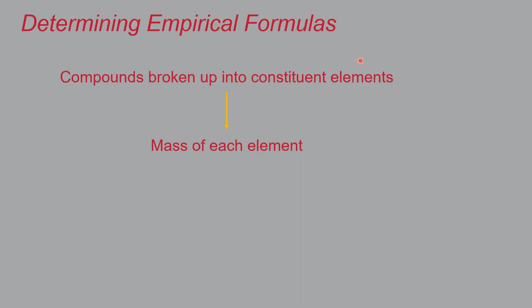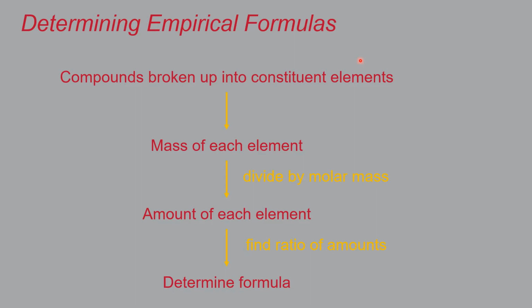I have 3 grams of carbon, 2 grams of oxygen, stuff like that. And then using the molar mass of all these elements, that gives you an amount of each element, and then you reduce it to a final integer number ratio.